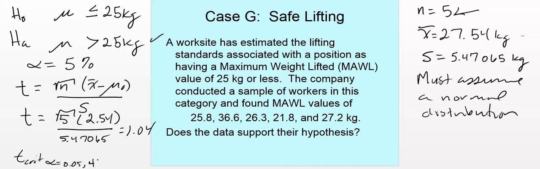When I switch to that table, we're looking at the 4 degrees of freedom case, so this column here, and we're told that alpha is 5%, so we move down till we find t critical is 2.13. So that's the critical value that we're going to use in this application, 2.13.